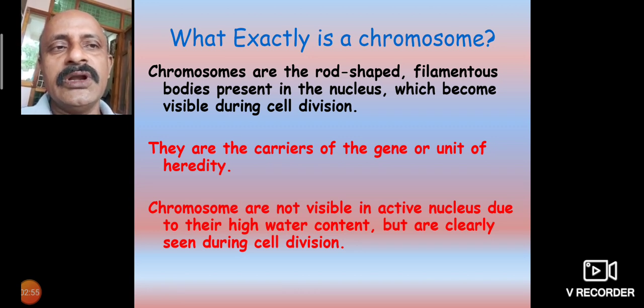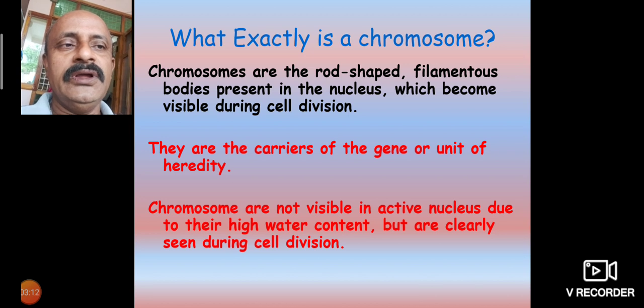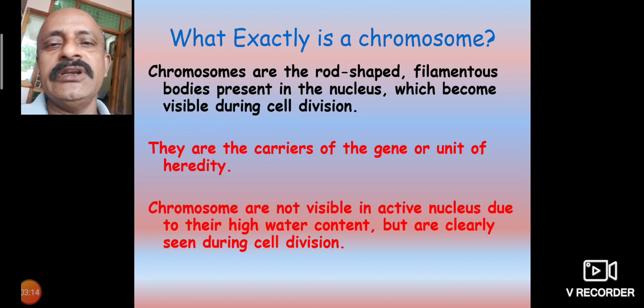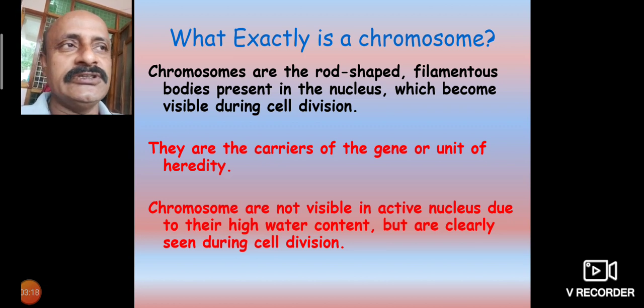The chromosomes are not visible in the active nucleus due to their high water content, but are clearly seen during the cell division stages.